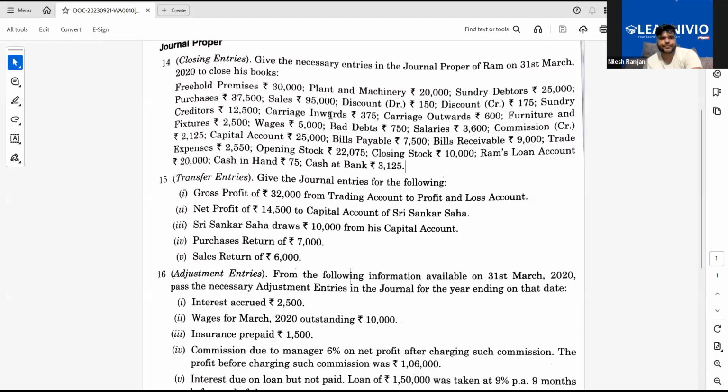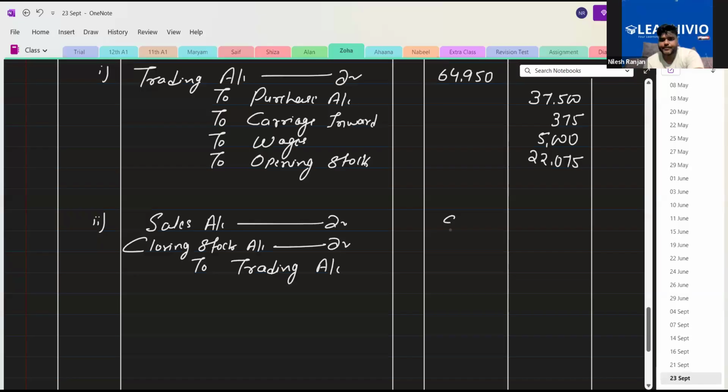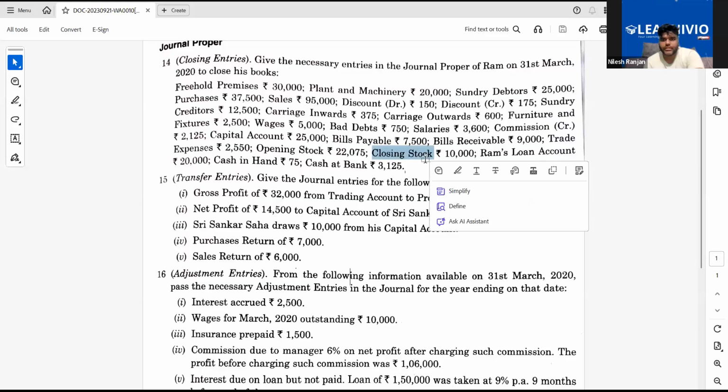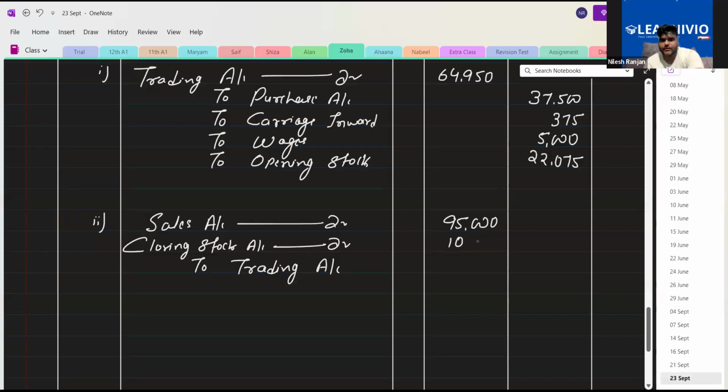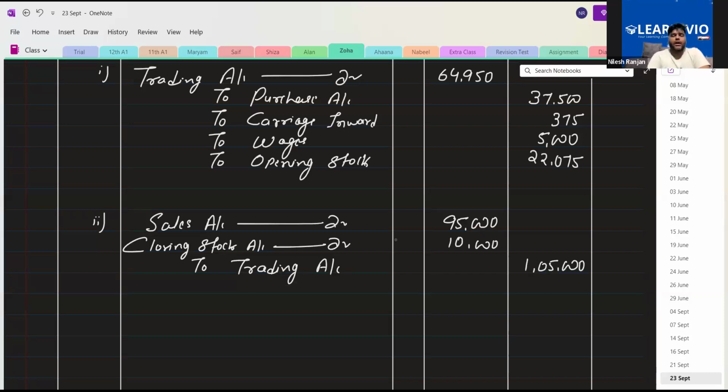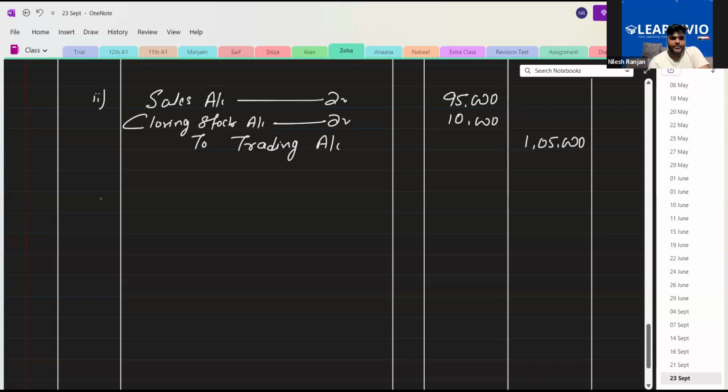So sales 95,000. There is closing stock 10,000. So total 1,05,000. Then after this, profit and loss items. So profit and loss account debit.